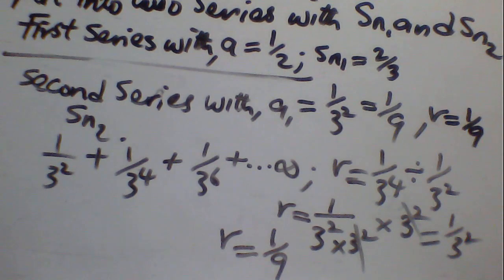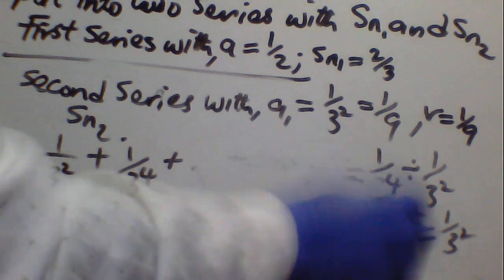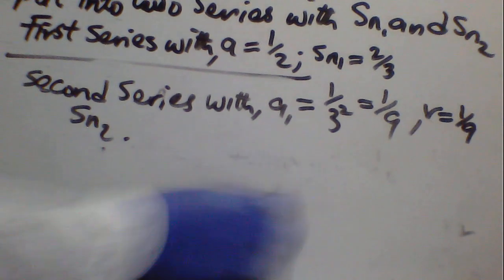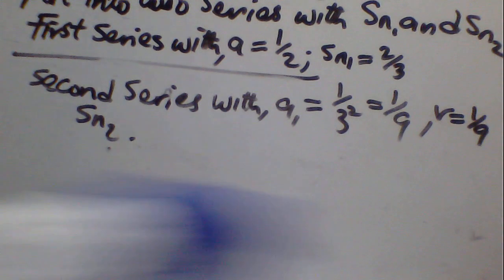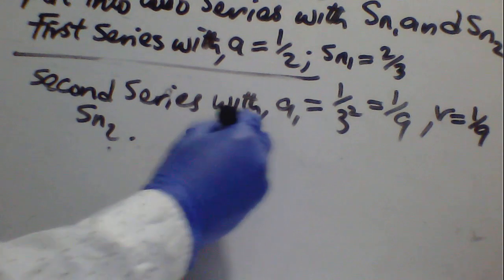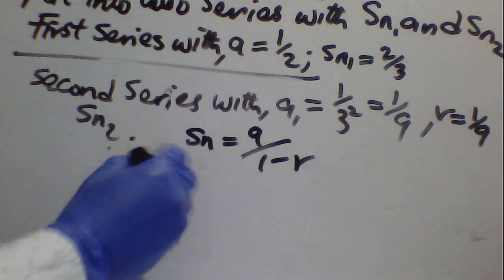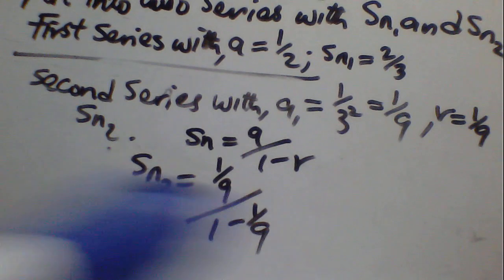Once we have done that, the next thing is to find the sum of the series. We will still use the same formula, sum to infinity, Sn is equal to A over 1 minus R. So for the second one, Sn2 is equal to 1 over 9 divided by 1 minus 1 over 9.